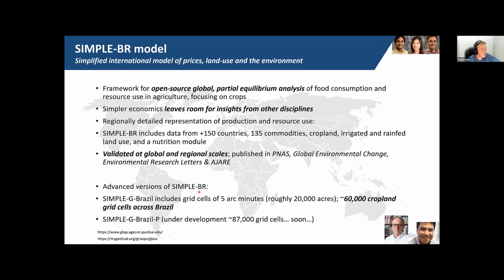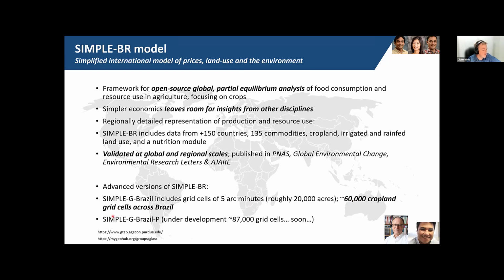And we are also making some improvements in this framework for Brazil. So we already have the SIMPLE-G Brazil that includes Brazil at a high resolution level, in grid cells of 5 arc minutes, around 60,000 cropland grid cells.